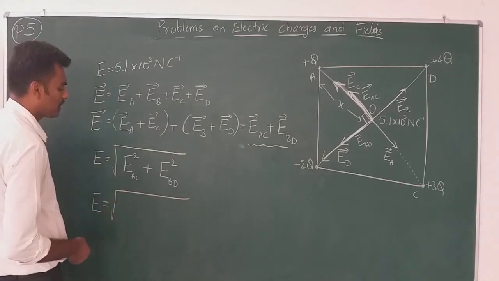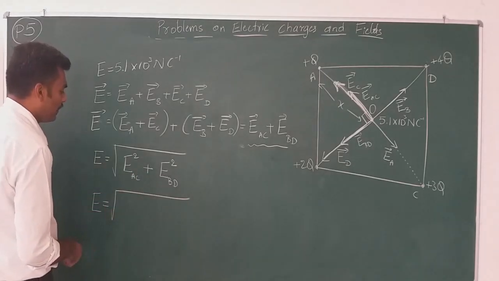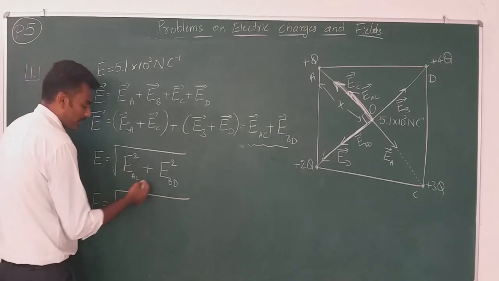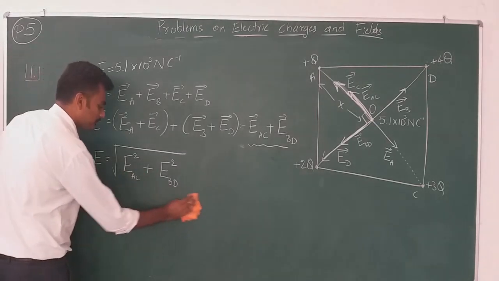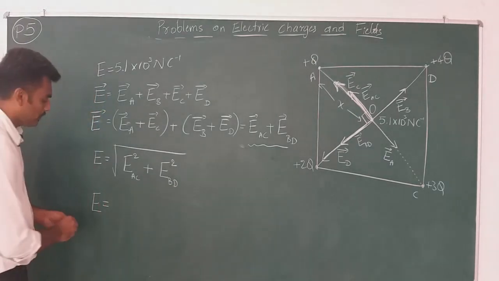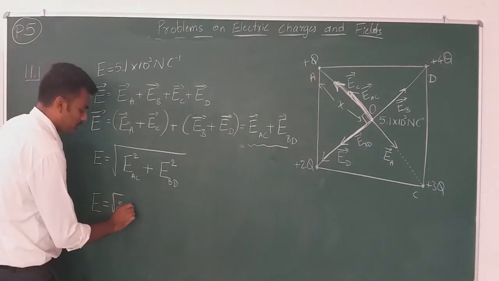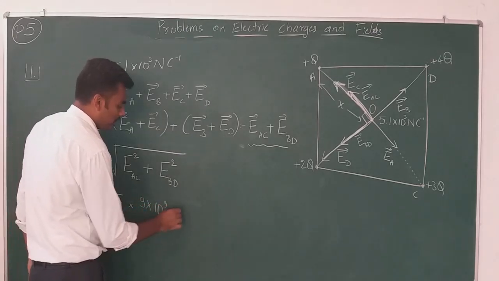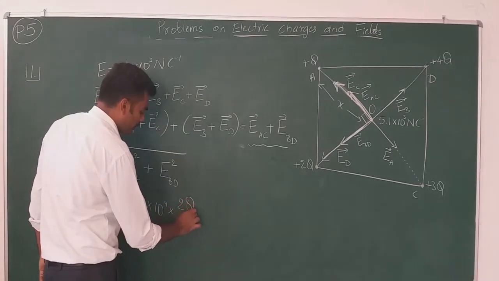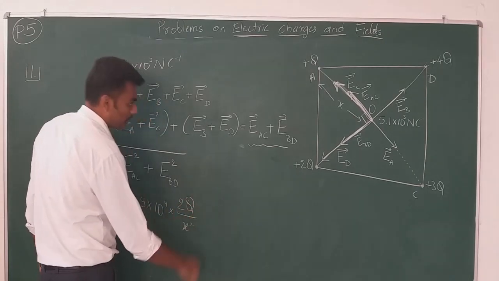Both of them were actually the same. And now, since both of them are the same, I can simply write them as root 2 into 9 into 10 to the power of 9 into 2q by x squared.